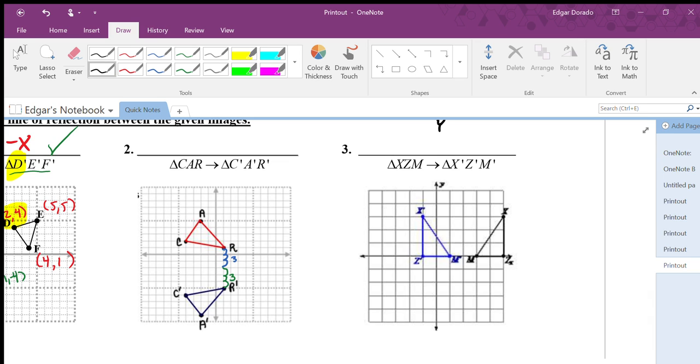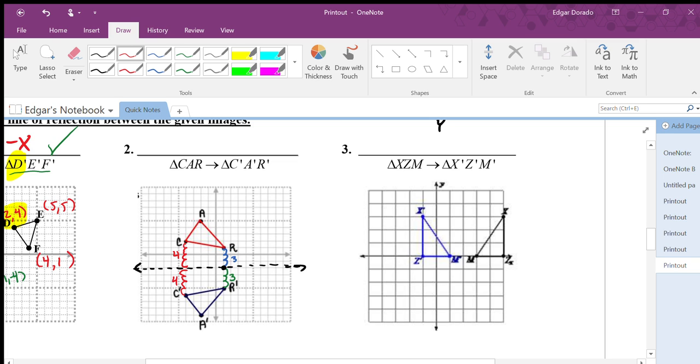And actually, that's because right here, this is my line of reflection. Let's prove it to ourselves. What's the distance from here to here? 1, 2, 3, 4. So the distance from this C prime better be the same. So 1, 2, 3, 4. Still the same distance.